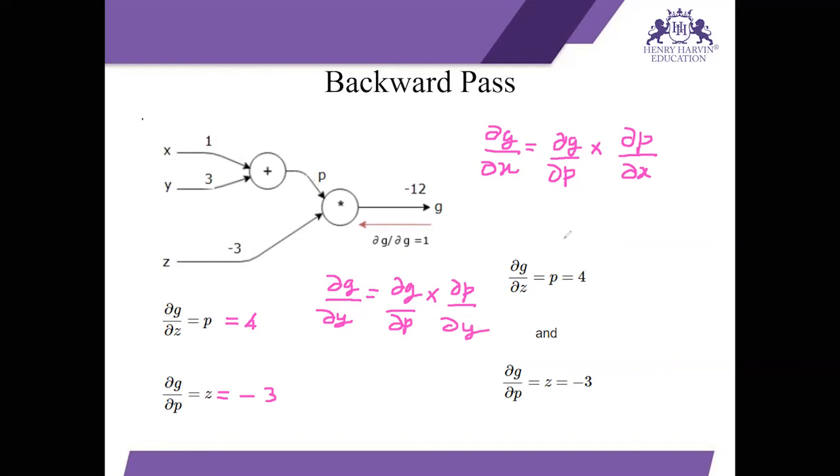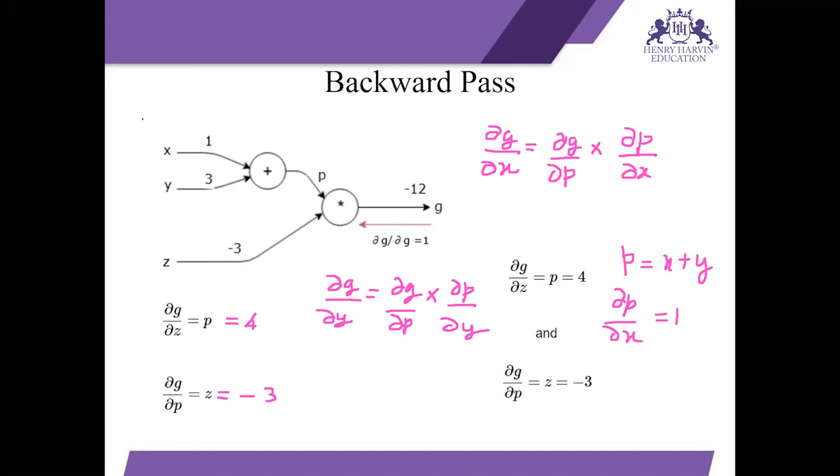For example, here we know that P is equal to X plus Y. We are supposed to find dou P by dou X. So I'm writing dou P by dou X, and that's going to be 1 plus 0, which is nothing but 1. Now I know what dou P by dou X is.